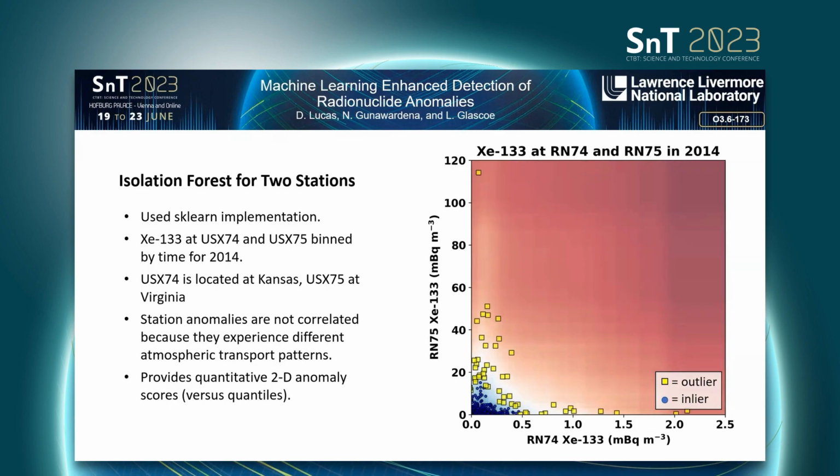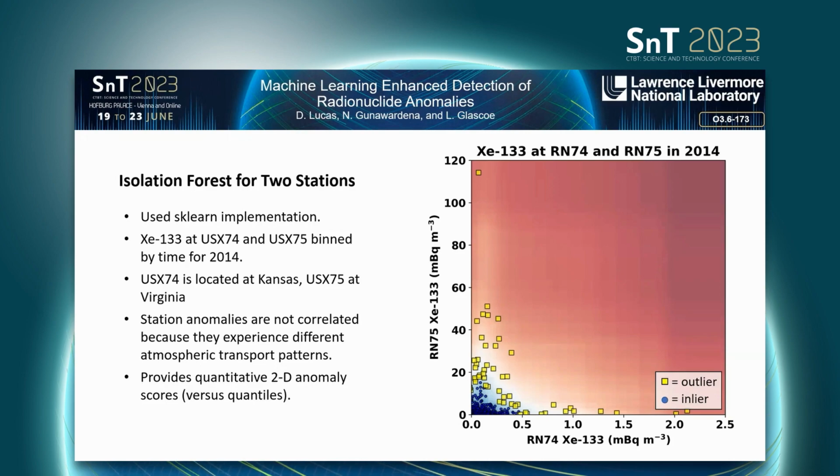You could potentially start to bring in information from different stations. So I'm showing here now, putting in Xenon 133 measurements measured at RN 74 in Kansas, which is somewhat close to RN 75 in Virginia. So these are binned by time and then put through the isolation forest.